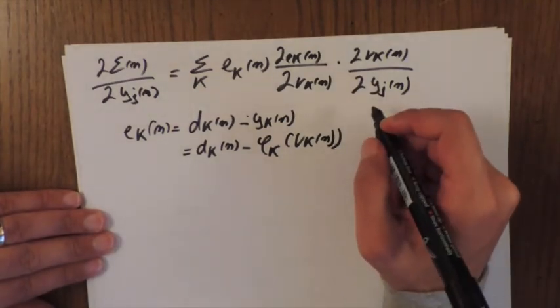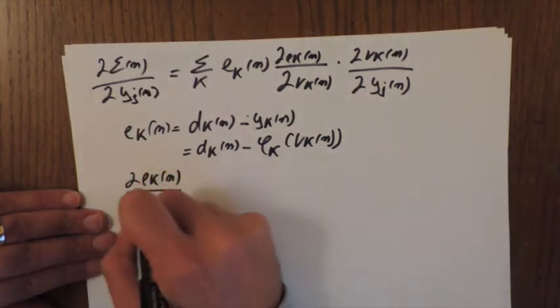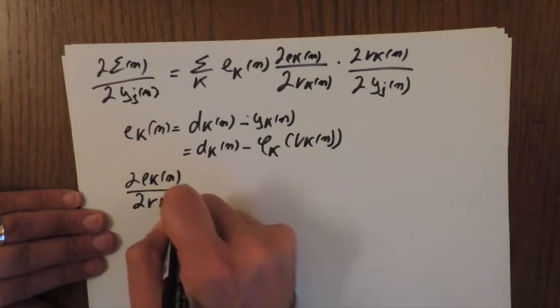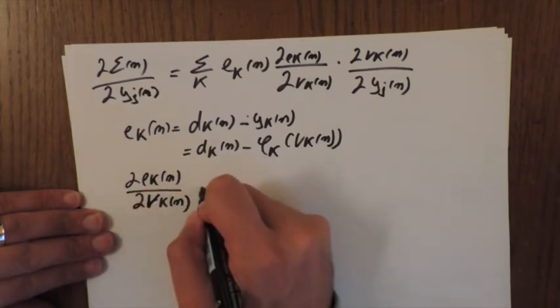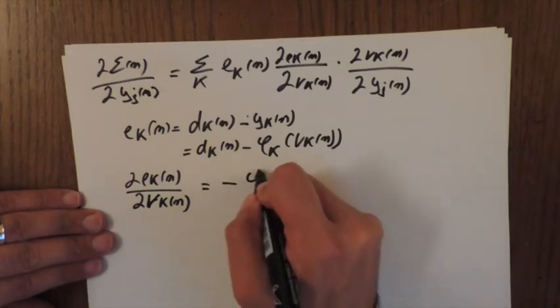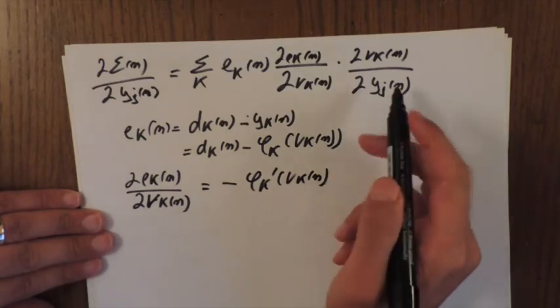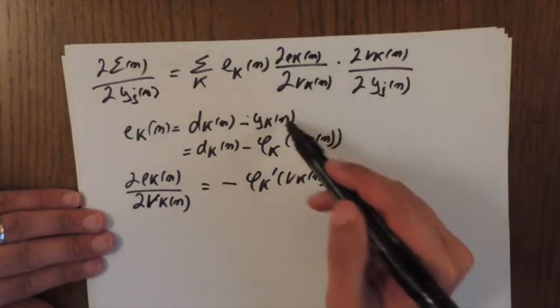So when we take the derivative with respect to vk of n, this will be the constant, minus phi prime vk of n. Okay, now we have this figured out.